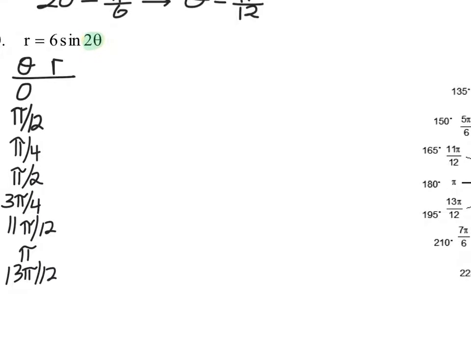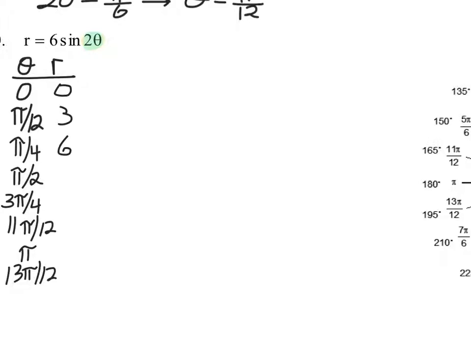So if I plug in a 0, I'm looking at the sine of 0, which is 0. So the whole thing's going to 0 out. If I plug in a pi over 12, that's going to become pi over 6. Sine of pi over 6 is 1/2, so 3. Plug in a pi over 4, that becomes pi over 2. Sine of pi over 2 is 1 times 6 is 6.